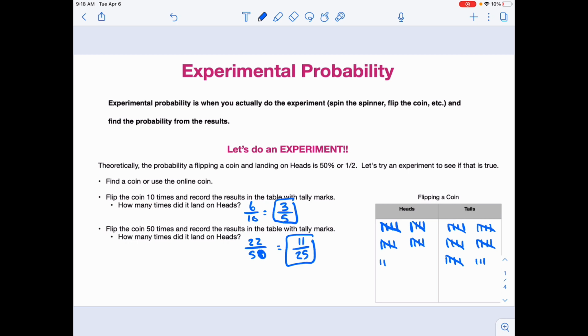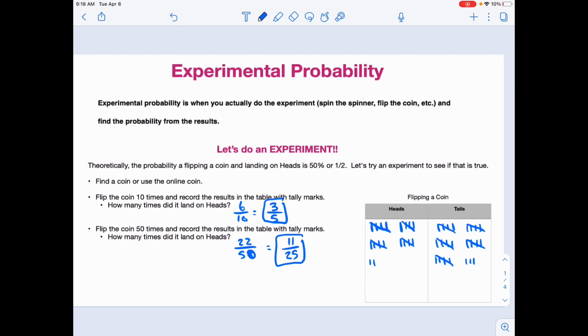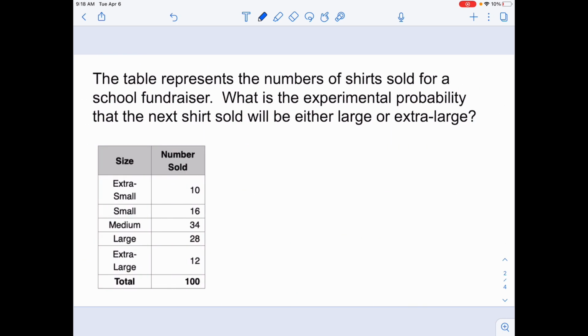So let's take a look at some more examples. It says the table represents the numbers of shirts sold for a school fundraiser. What is the experimental probability that the next shirt sold will either be large or extra large? Our total was 100 shirts. Large is 28, extra large is 12, so I need to add those together.